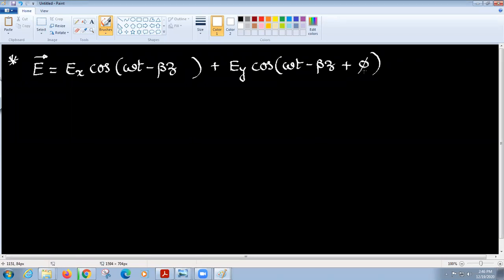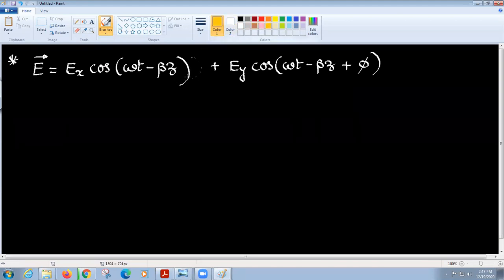Okay, did I miss anything here? Do we need to add anything here? Because on the left hand side you have a vector definition, on the right hand side you are not showing anything. So this is not required.